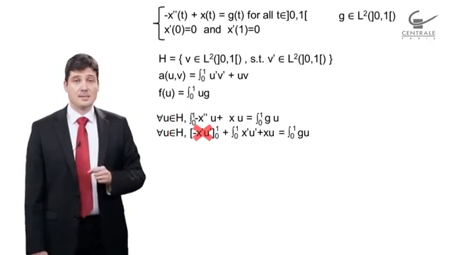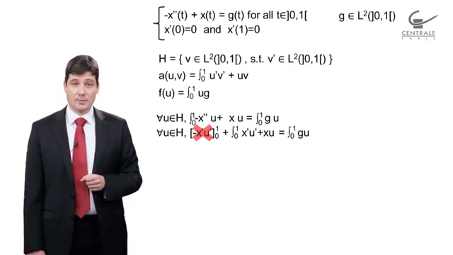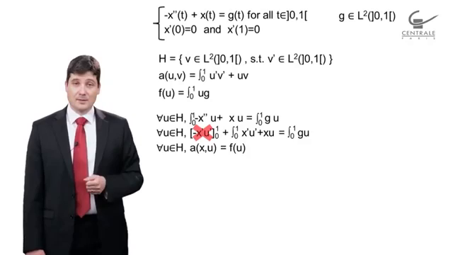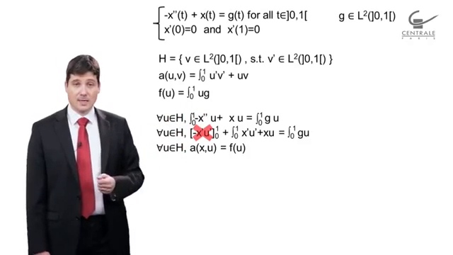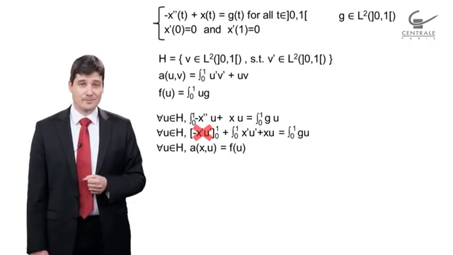This term is 0. Negative x prime u evaluated at 1 is 0 because x prime of 1 is 0. And negative x prime u evaluated at 0 is also 0 because x prime of 0 is equal to 0. So what I'm left with is A(x,u) equals f of u for every u in H.